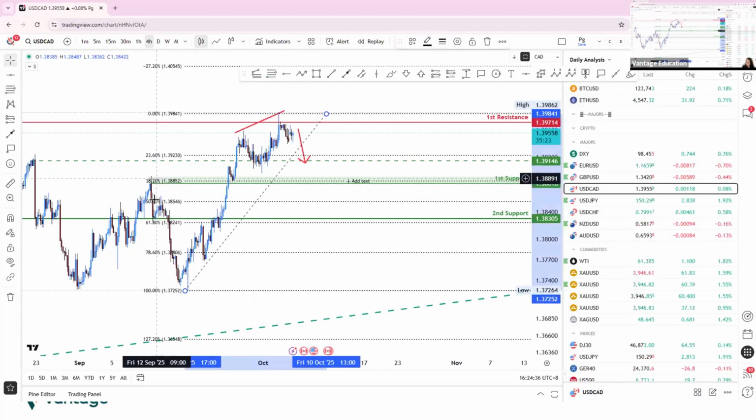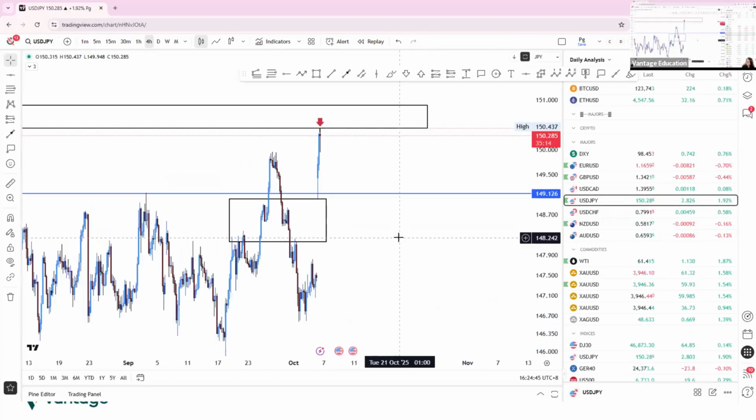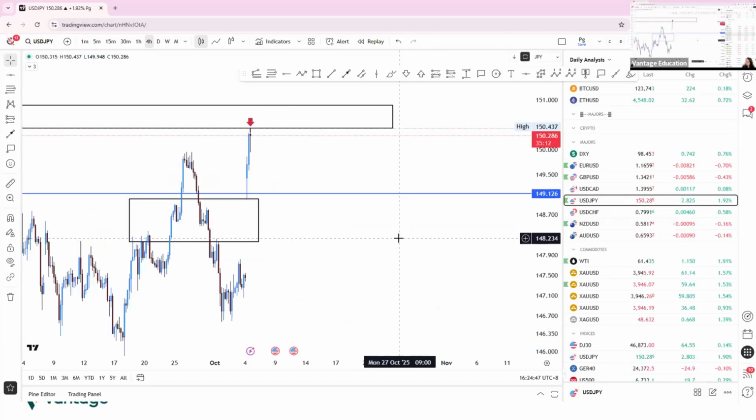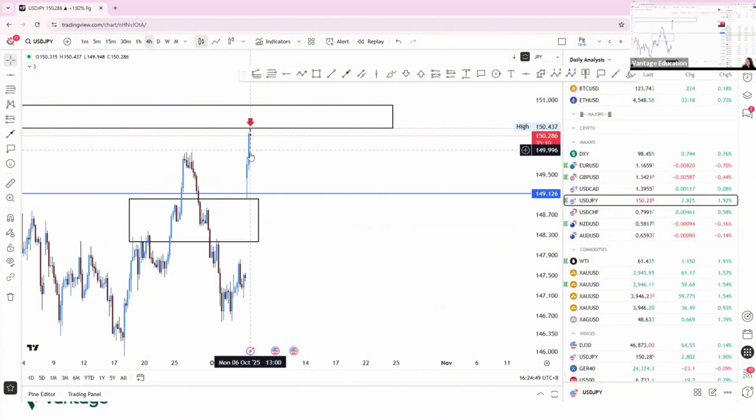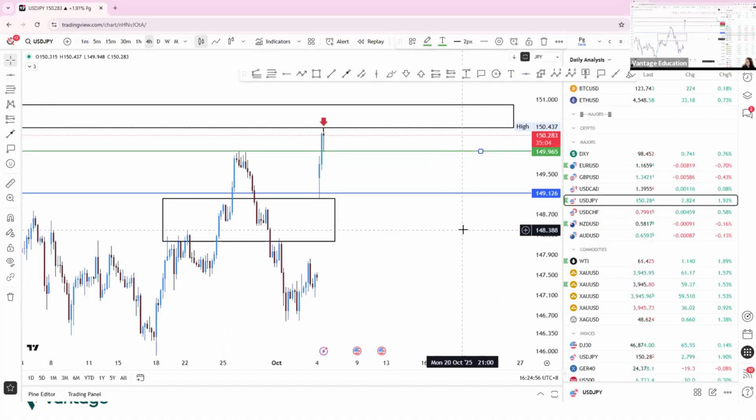Right? 38.2 and 61.8% Fibonacci. You can see that the kind of slow pullback and cannot close below the 149.